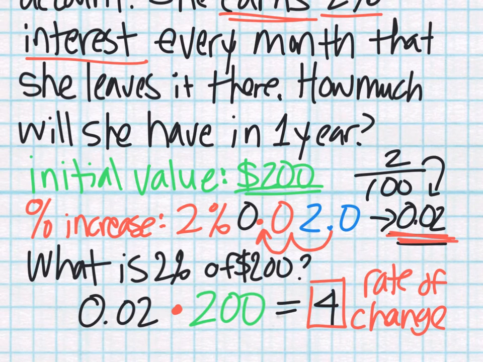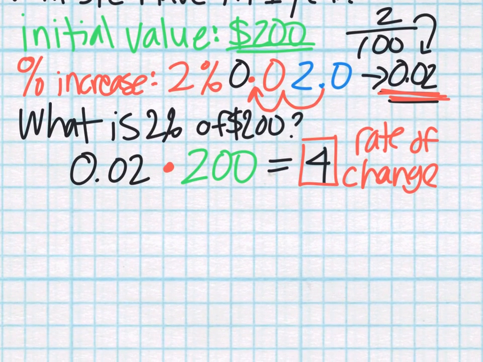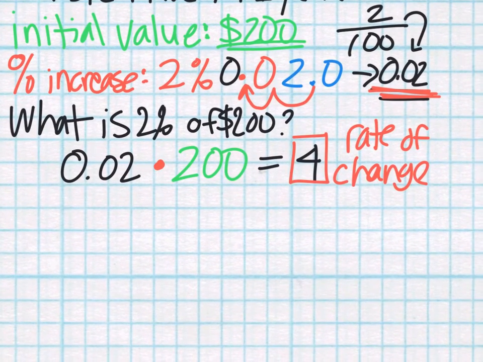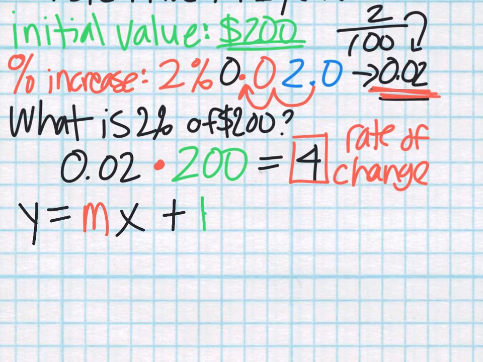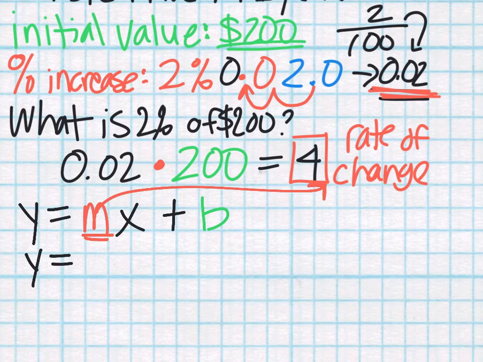So I can plug this information into slope-intercept form. y equals mx plus b. So when I plug this in, I get y equals, and here's where we have to be careful: our slope is the rate of change, not the percent that is going up or down.